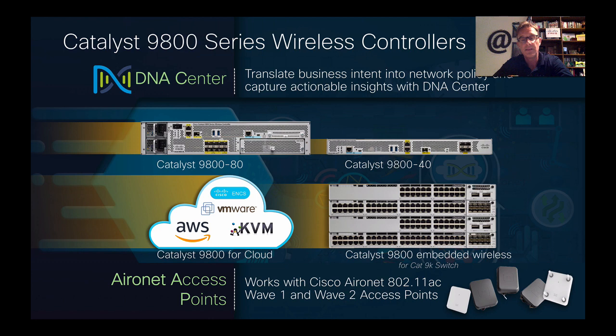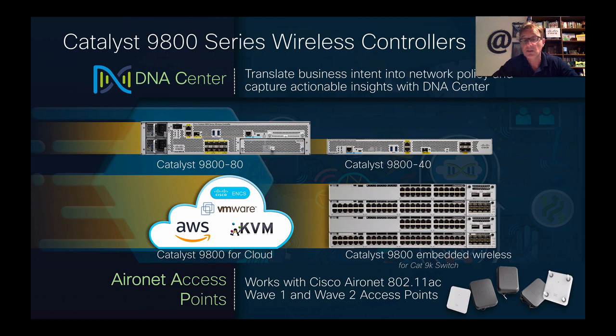It means that this Catalyst 9800 is part of an architecture, the DNA architecture, where you have DNA Center as the automation and the assurance piece, automating an intelligent network, and the Catalyst 9800 is part of that network. As you can see from these slides, we have multiple flavors for these controllers: the appliance, the virtual machine for the private cloud, and the public cloud deployment, and also embedded in the Catalyst 9K switches for SDA.